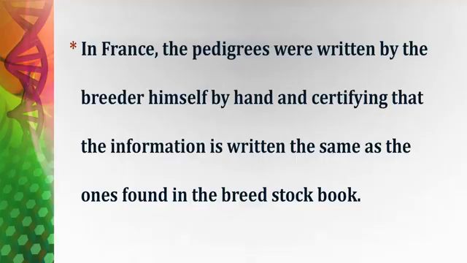The word pedigree first appeared in the English language in 1410 and was introduced in 1828 to name the tree of an animal. In France, the pedigrees were written by the breeder himself by hand, certifying that the information is the same as what was found in the breed stock book.